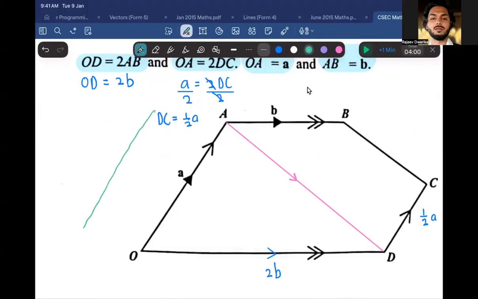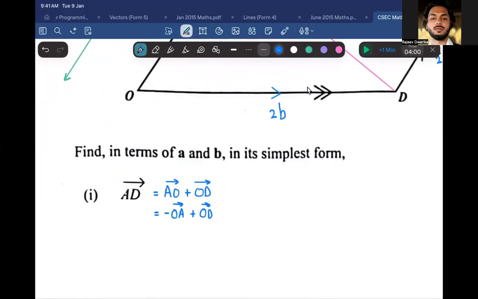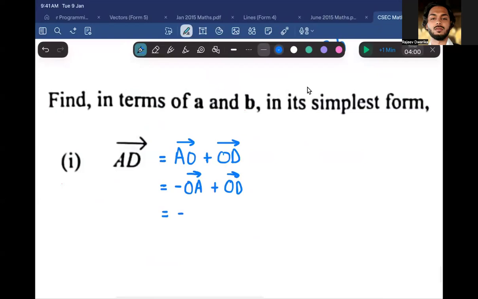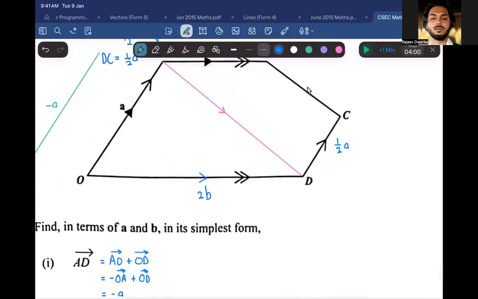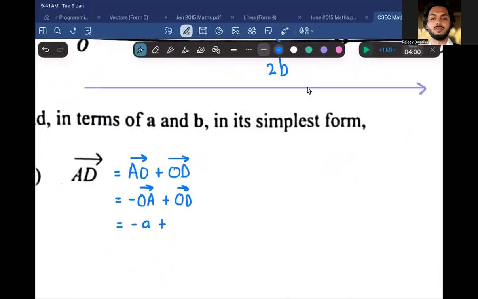But if you look at the diagram logically, O to A is in this direction, positive A. So if you're going in the opposite direction, that turns to negative A. So negative OA. We know that OA is just A, so that'll be negative A. And are we going in the direction of O to D? Yes. So plus 2B. That's the answer. That's literally it.